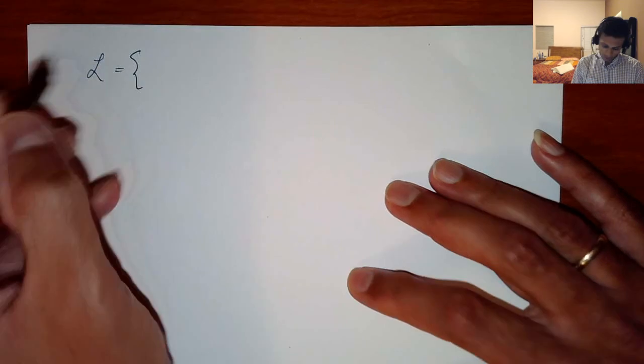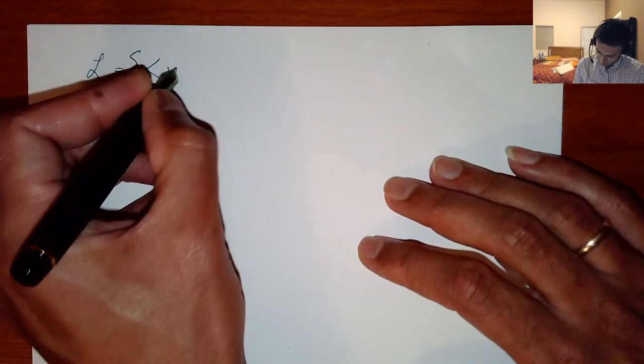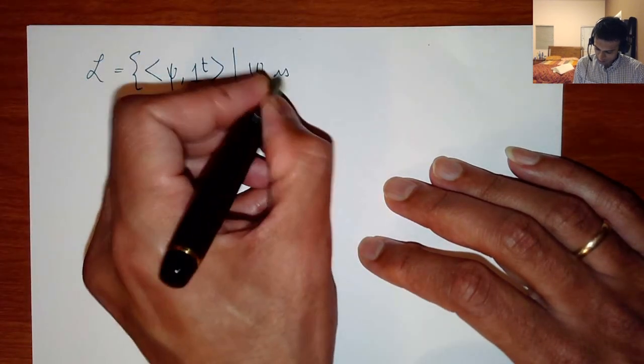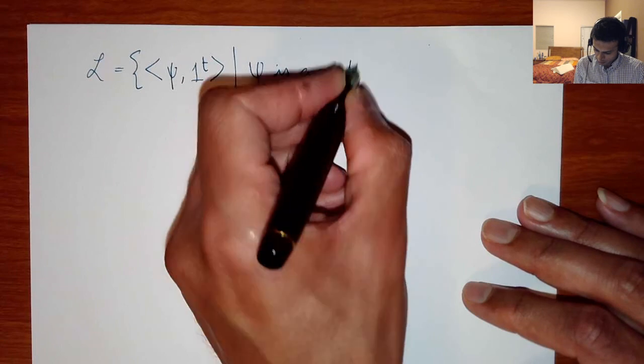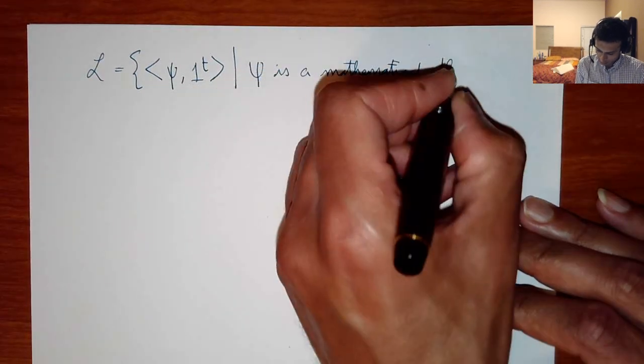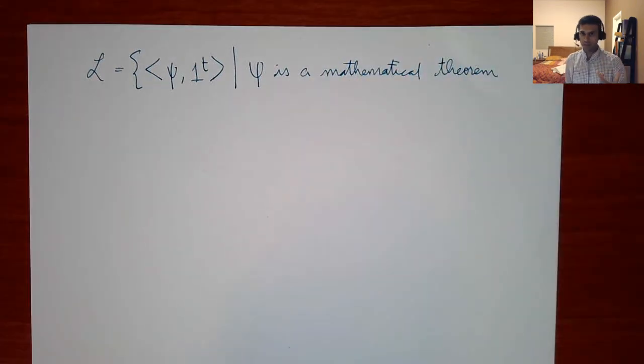So consider the following language. I'll say C, comma 1 to the t. So C is a mathematical theorem. Think of it as the encoding of a theorem. It could just be the statement of the Riemann hypothesis, stated in mathematical language.